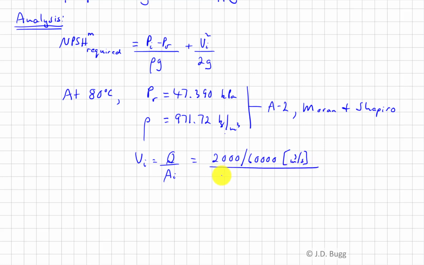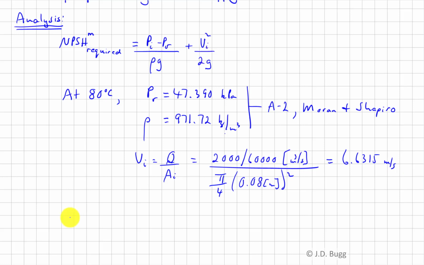Then divide by the area, pi over 4 times the diameter, 0.08 meters or 8 centimeters, squared. That gives us a velocity of 6.6315 meters per second. So now we have everything we need to calculate the NPSH of the model.